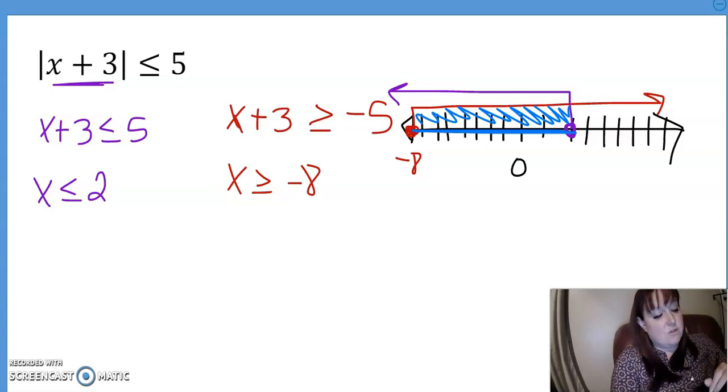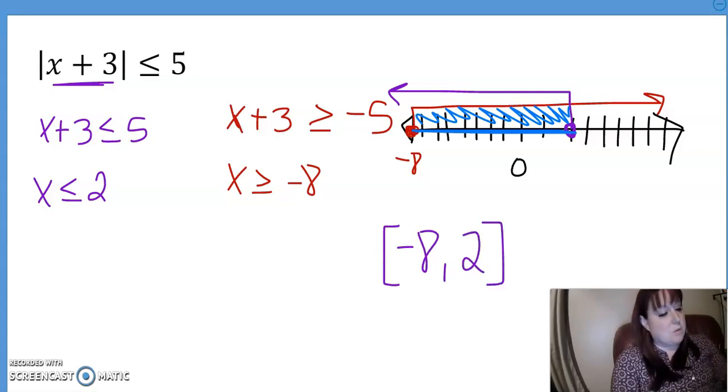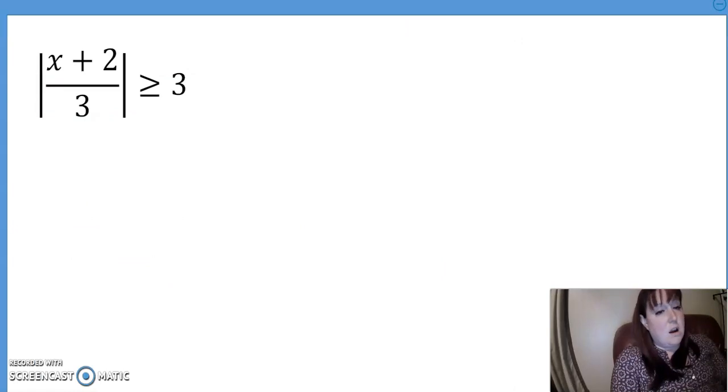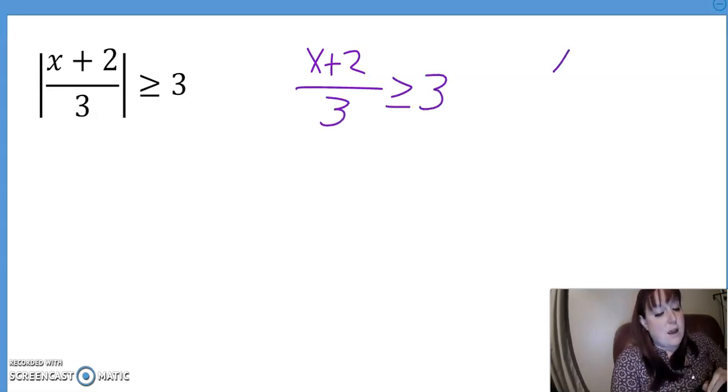And let's write it in interval notation. So that means from negative 8 to 2, and we're going to use closed brackets since both of them are equal to. All right, finally we have this one. Again, we're just going to write it in two options. So we have x plus 2 over 3 is greater than or equal to 3, or x plus 2 over 3 is less than or equal to negative 3.